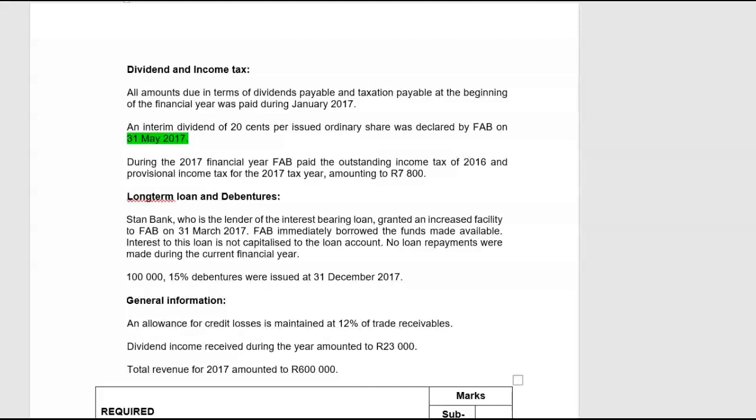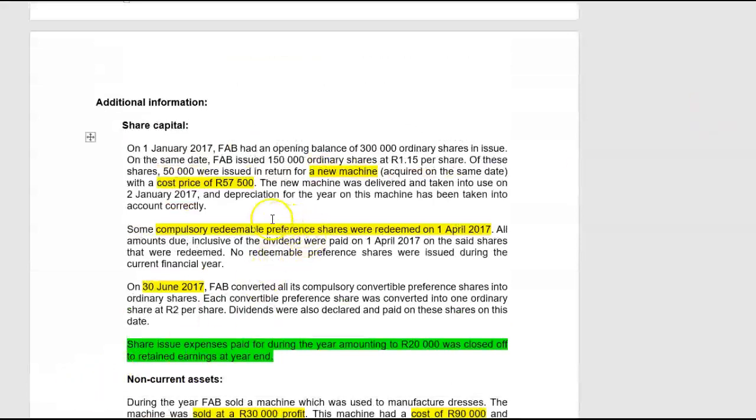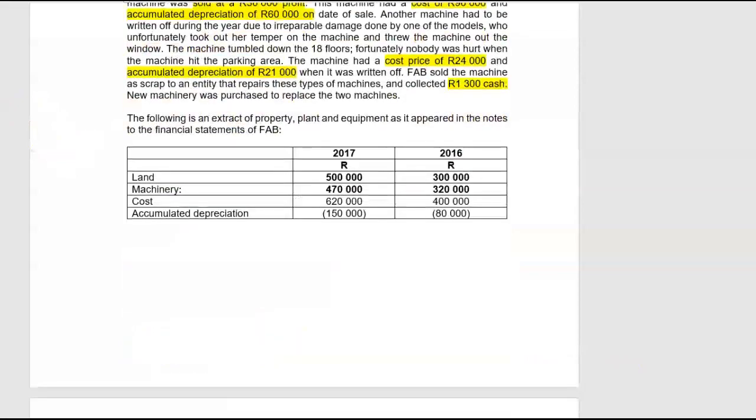Now that date is fairly important because this conversion of shares, where is that? This is the converted, all compulsory convertible pref shares. This conversion of shares took place on 30 June 2017, so that was after the interim dividend was declared.